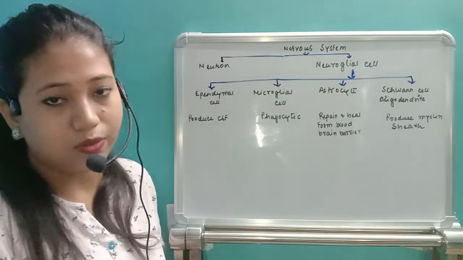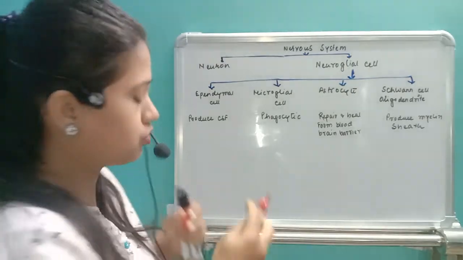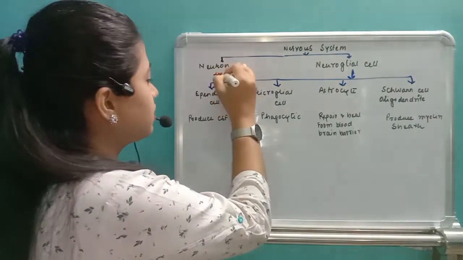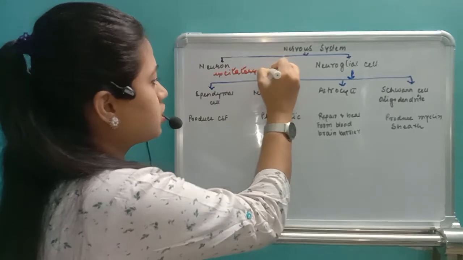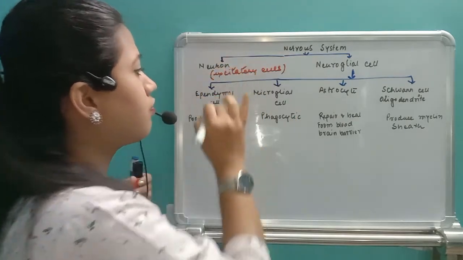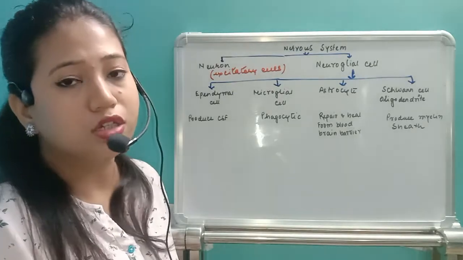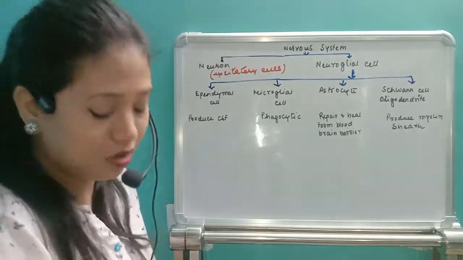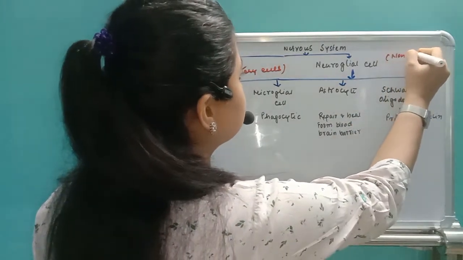Already I have shown here. You can see the excitatory cells are the neurons, who can transmit the nerve impulse from one neuron to the next neuron. But the neuroglial cells or the supporting cells are the non-excitatory cells.